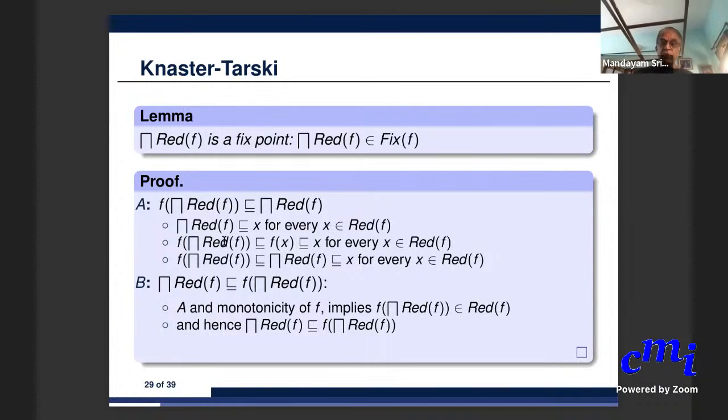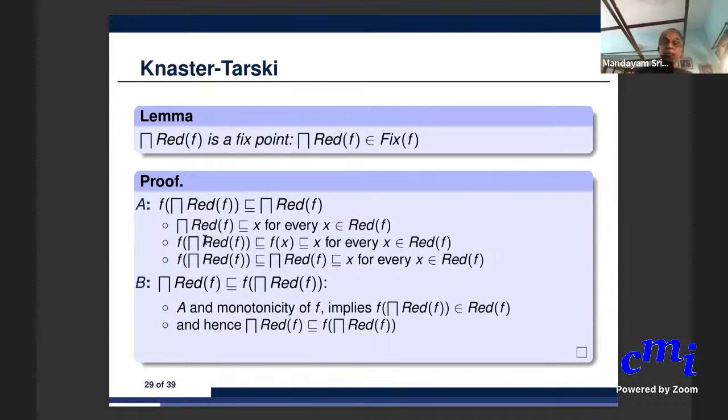Since f is monotonic, f applied to the greatest lower bound is less than or equal to f of x, which itself is less than or equal to x for every x belonging to the reductive set. Which means that f applied to this greatest lower bound of red f is itself a lower bound.